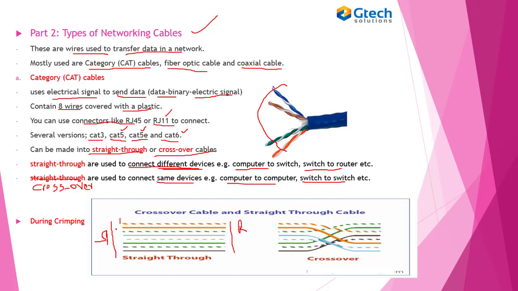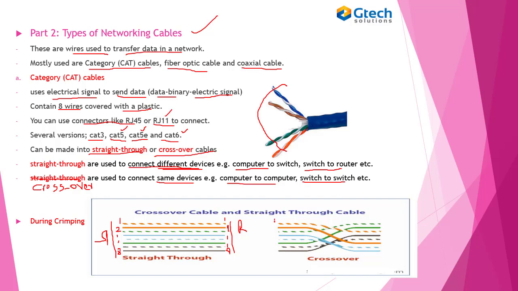Then the next one is orange, the same way, 1, 2, 3, up to 8. But coming to crossover, we can connect this way.